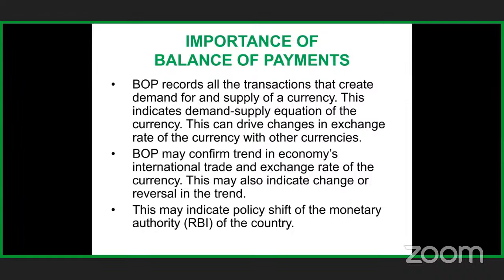On the credit side: exports of goods, exports of services, interest, profits, dividends received, unilateral receipts, foreign investments, short-term borrowings, medium and long-term borrowings, statistical discrepancies, and changes in reserves. These are all recorded on the credit side.